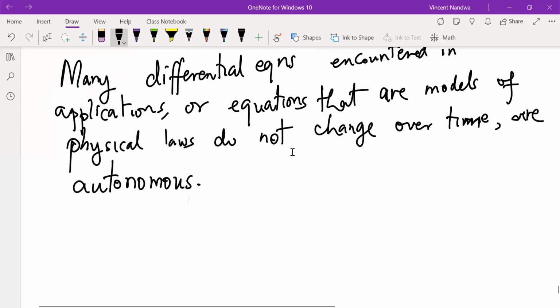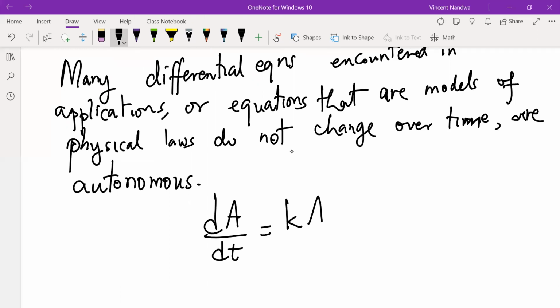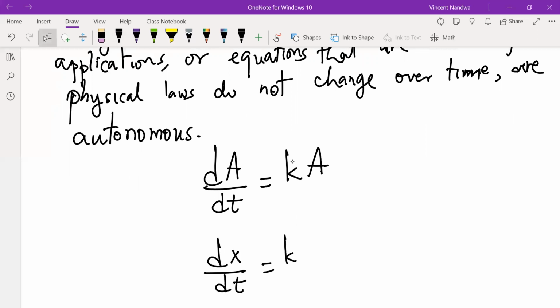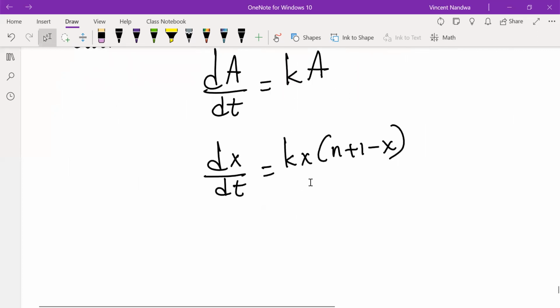So examples of these models: dA/dt equals kA is an autonomous model. dx/dt equals kx times (n plus 1 minus x) is also an autonomous differential equation.